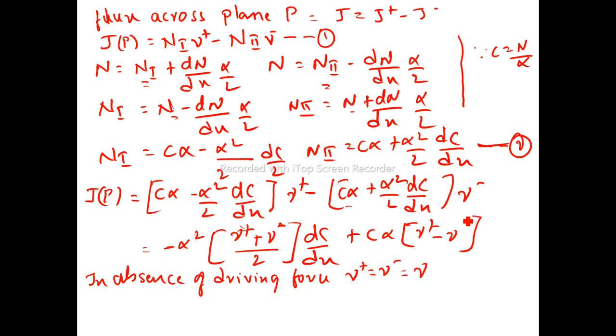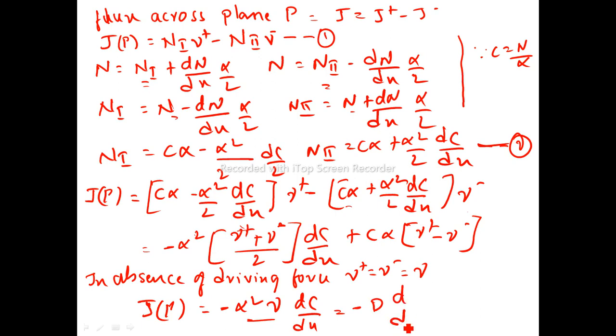Then this second term will become 0. The flux across plane P is given as minus alpha square gamma dC by dx. Correct? Yes. Then these terms can be replaced with the help of a coefficient called D, giving D dC by dx.